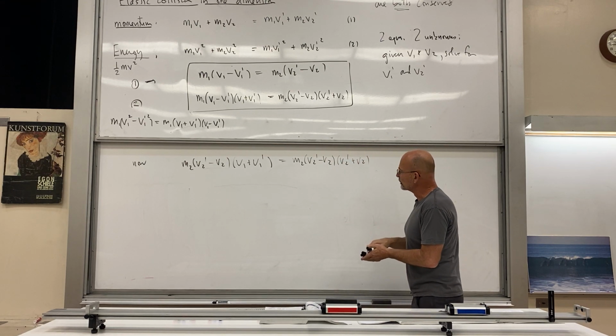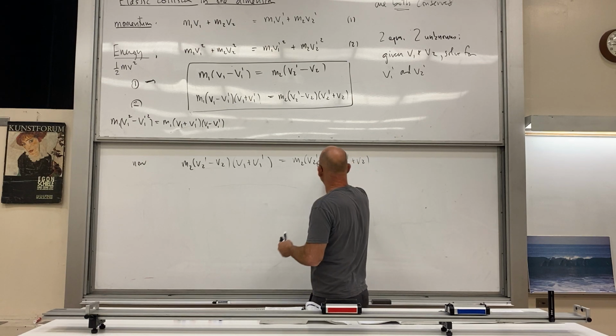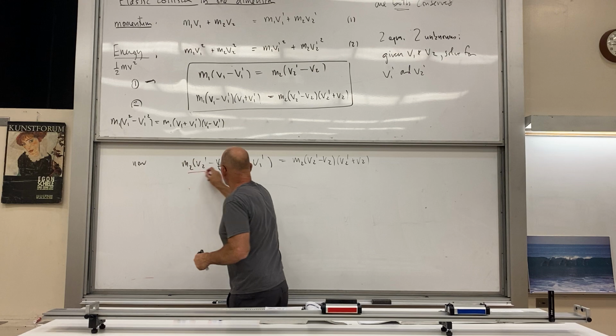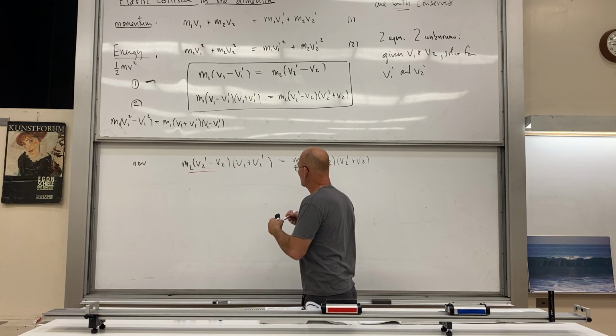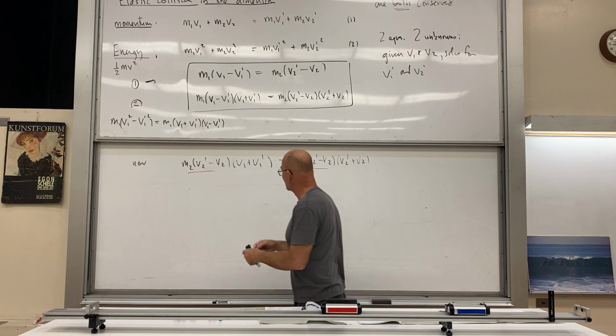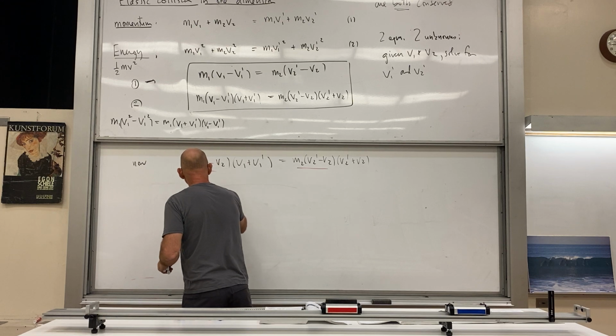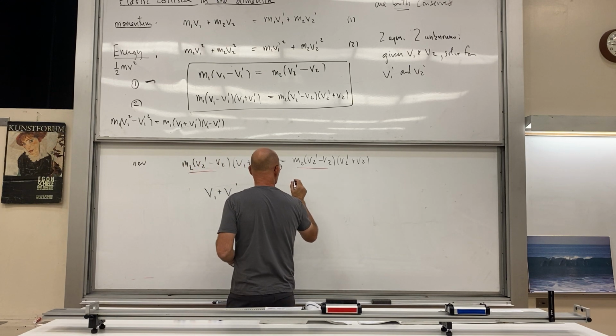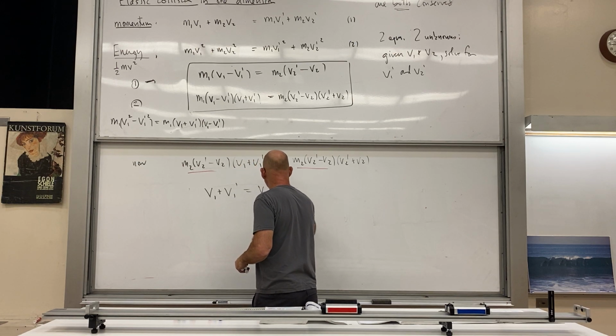And what's great here is we get this cancellation. What's m2? These are the same. These are the same. And so we're left with v1 plus v1 prime is equal to v2 prime plus v2.